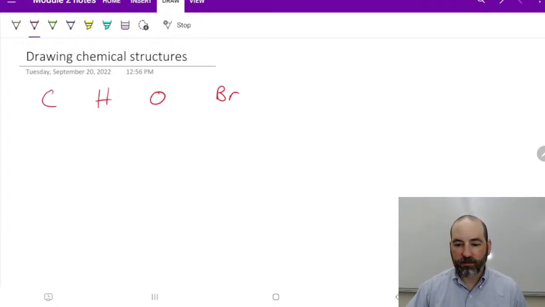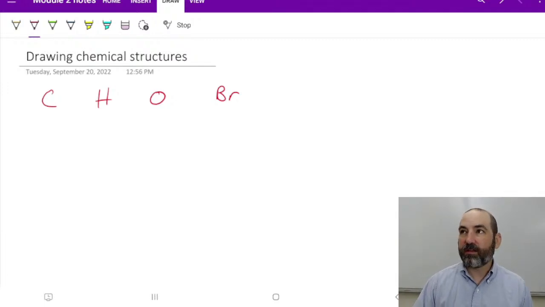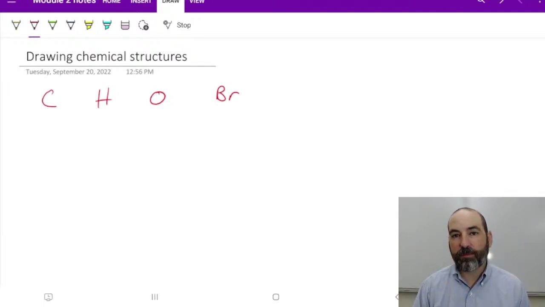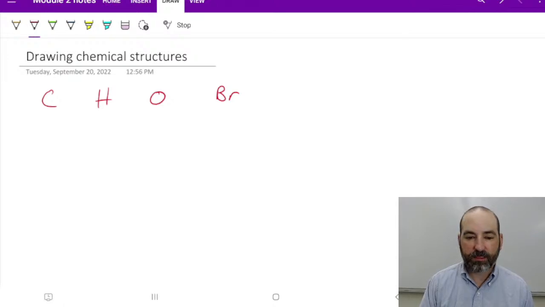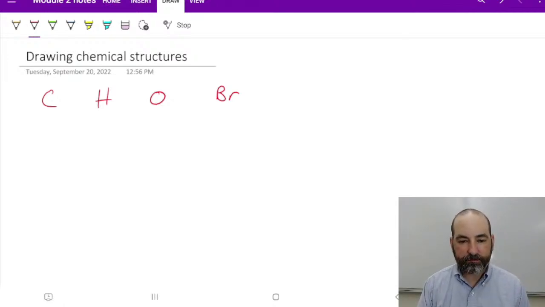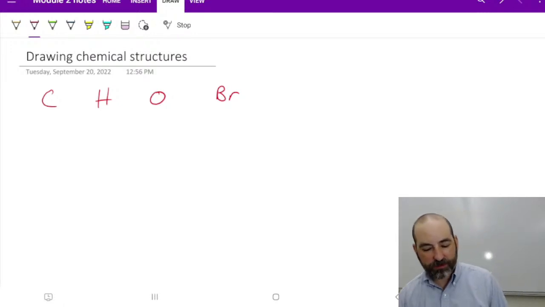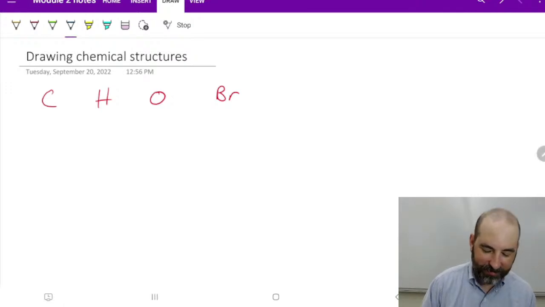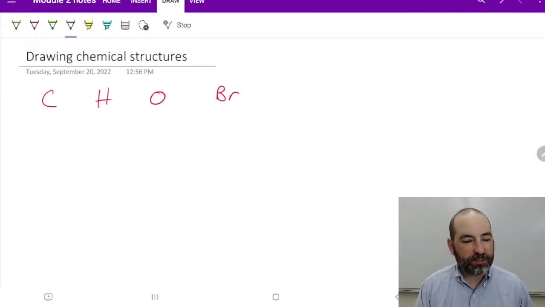Multi-letter atoms, well, two-letter symbols, have a capital first letter and a lowercase second letter, and the actual names of the elements are not proper nouns, so they don't have uppercases. But we draw these kinds of symbols as representing those atoms. All right, so now what happens when we connect these into compounds?